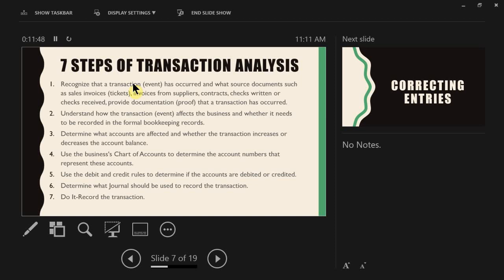When you receive your source document, whether it's a receipt, a contract, an invoice, a bill, that's considered a source document. And once you receive that, you're going to recognize what the transaction is at hand. What was the event that happened?